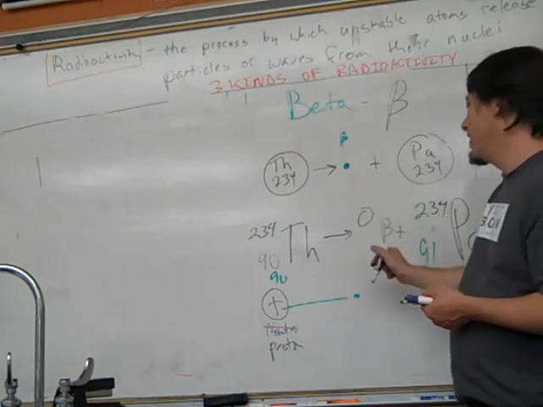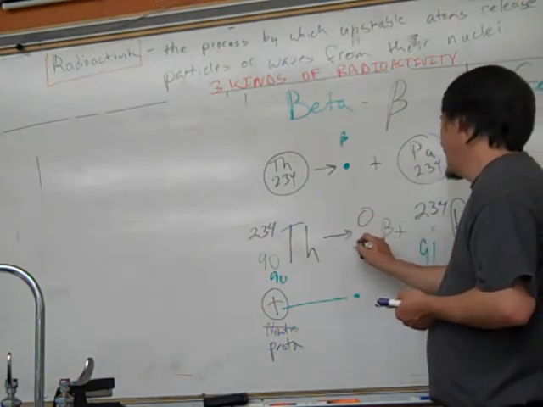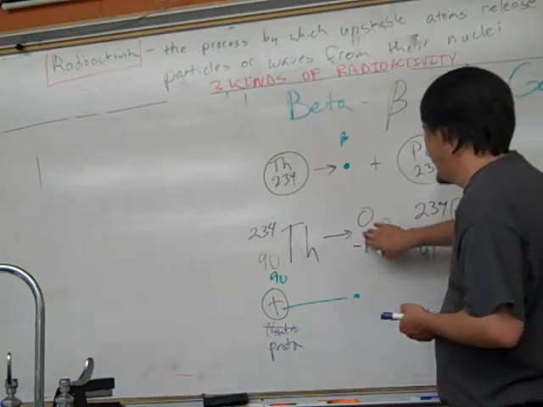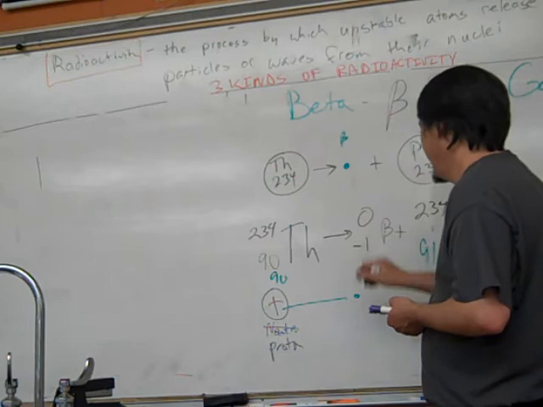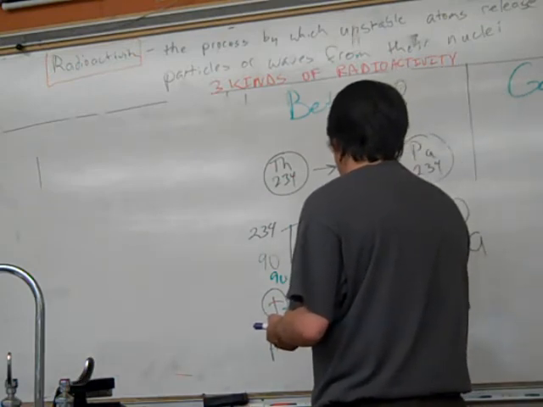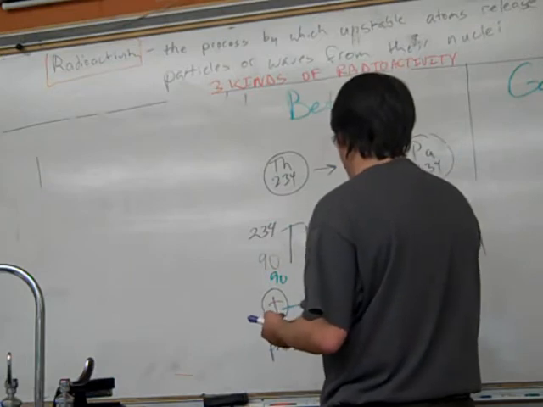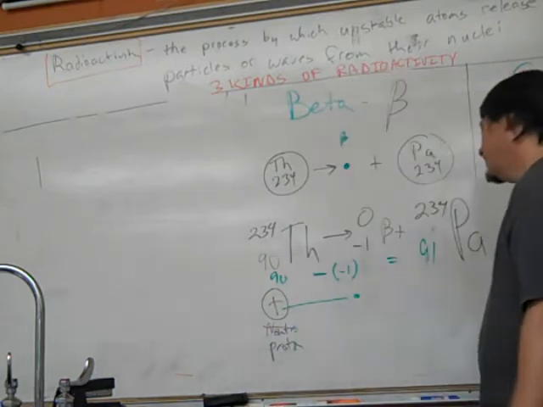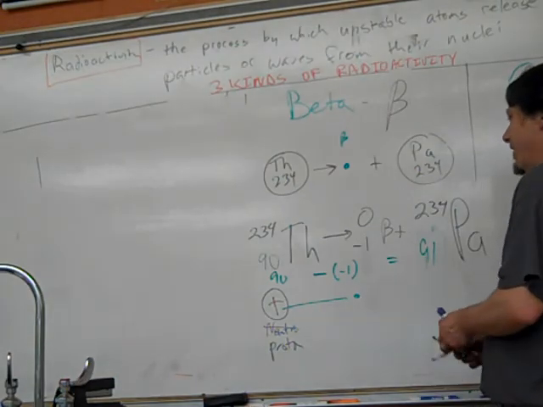And this is the weird thing that some people have a hard time with. You write -1 because it's an electron, and since you're subtracting it, 90 minus -1, which, don't forget, 2 minuses makes positive, equals 91. I know that's not very satisfying, but it's the way it is.